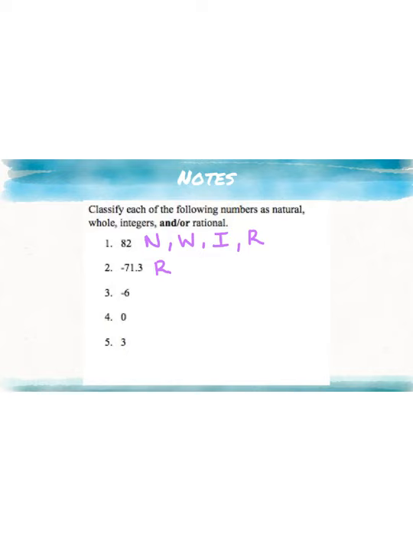This is a negative whole number, so it is first an integer, but it is also a rational number. The fourth number is 0. We know 0 is a whole number, which means that it is also an integer and a rational number.